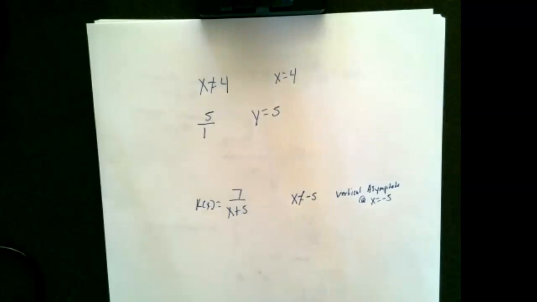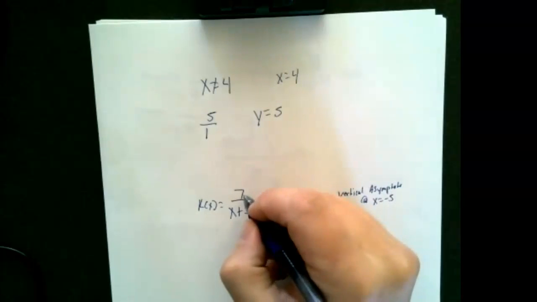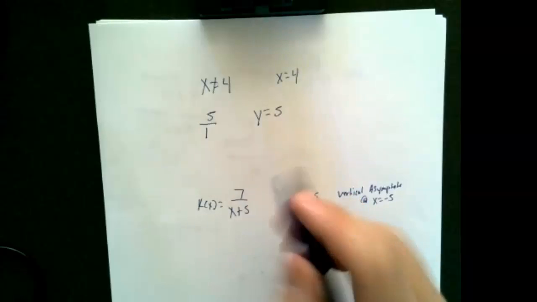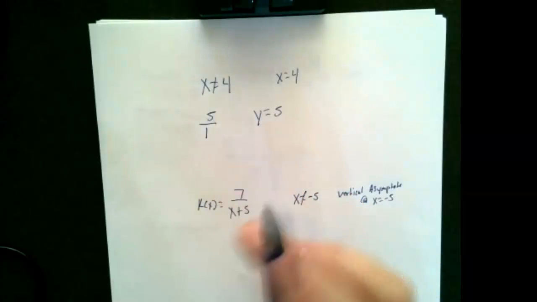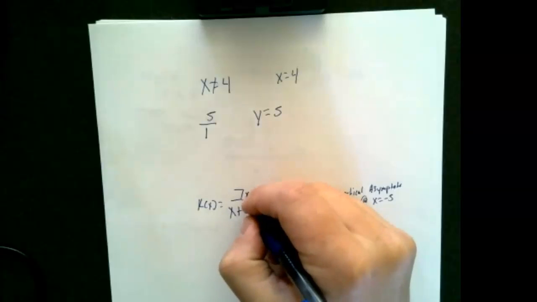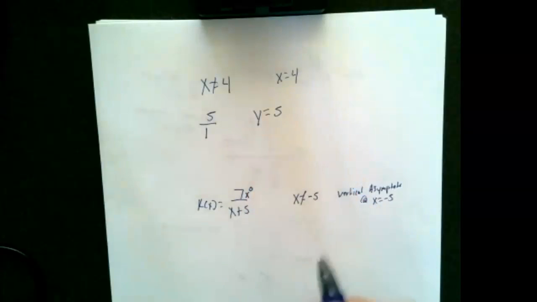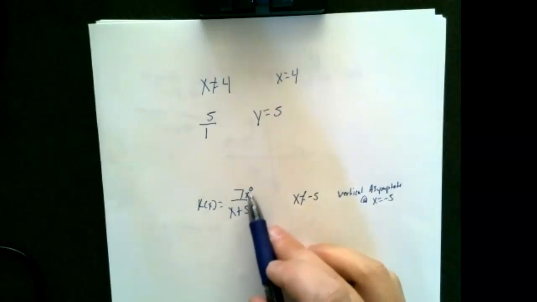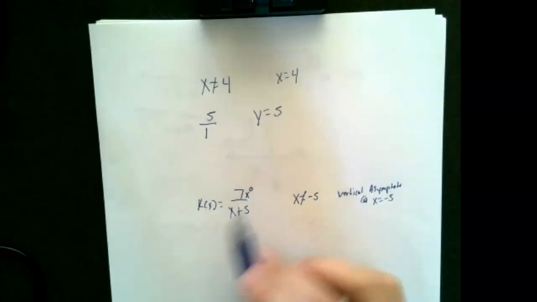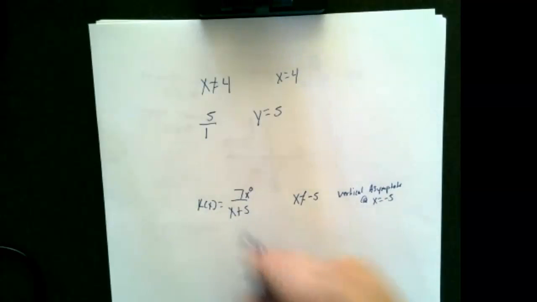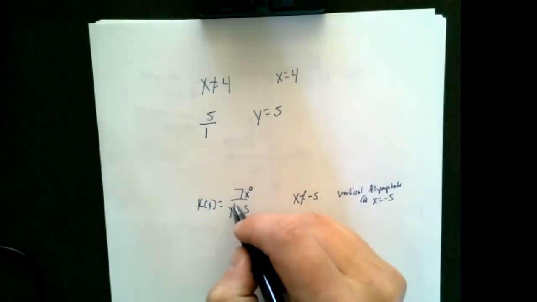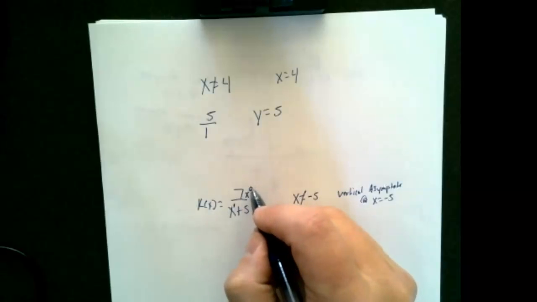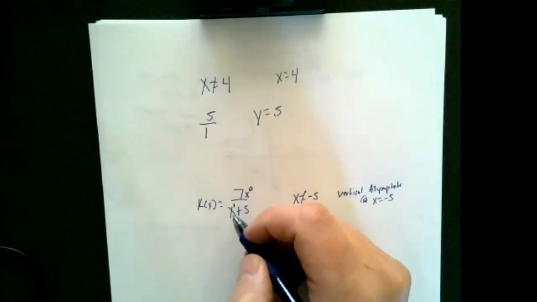But looking here to find our horizontal asymptote, we're going to use our rules again. What it says is that we want to compare the degrees. Just to imagine if we had written it like this as x to the 0 power, anything to the 0 power is going to be 1. So 7 times 1 is just going to be 7. I'm just doing this so that you can visualize it. This degree is less than this degree. So the degree of our numerator is less than the degree of our denominator.